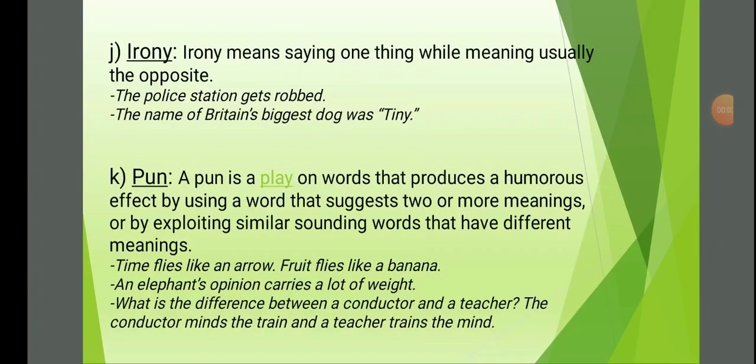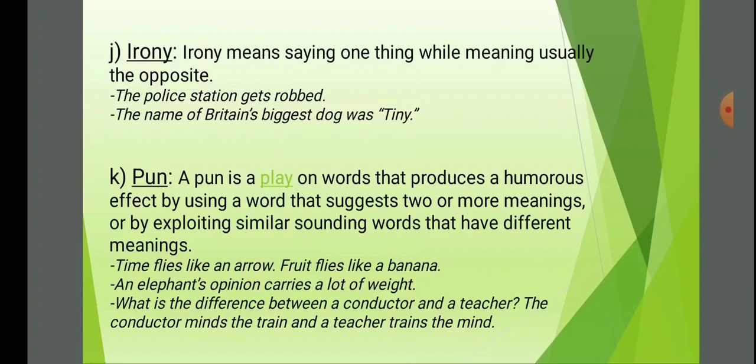Next figure of speech is irony. Irony means saying one thing while the meaning is usually the opposite. Here it is actually an expression in a sentence in which the author's meaning is quite different, meaning it is opposite from the literal meaning given in the sentence. While reading the sentence, the meaning is opposite.